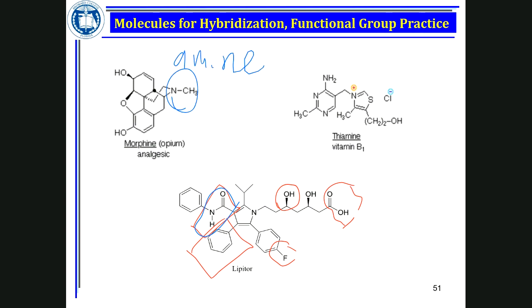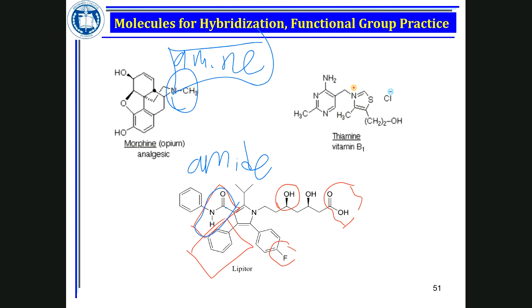But because you have the N attached to a C=O double bond, it is going to be amide. So if you see the CN, you have to look at the neighboring carbon. If it's a C=O double bond, it would change it to amide. And if there is no C=O double bond attached to it, it's going to stay as amine. At least one CN single bond makes it amine.